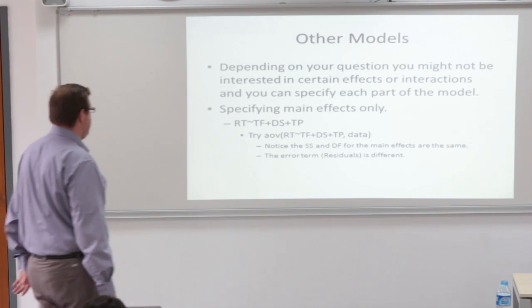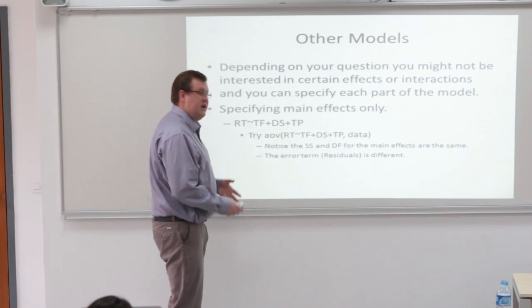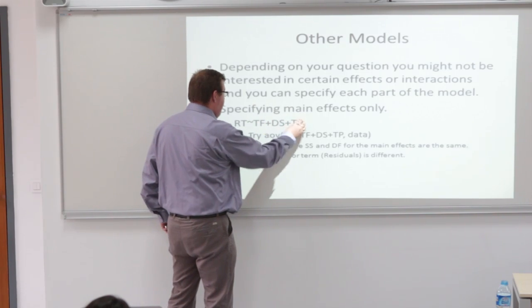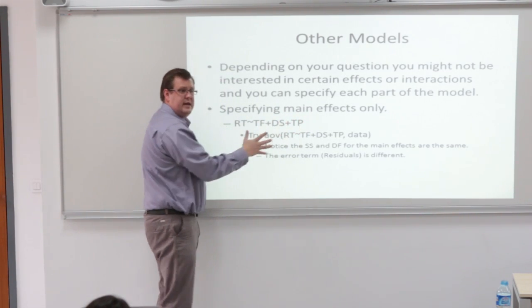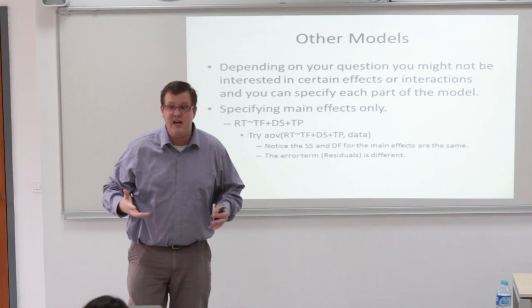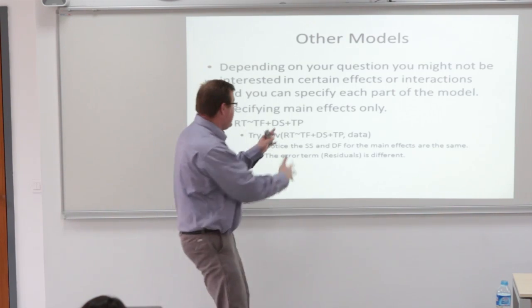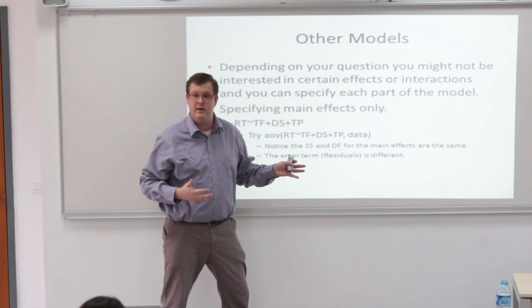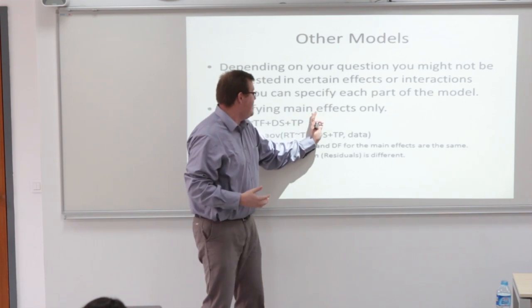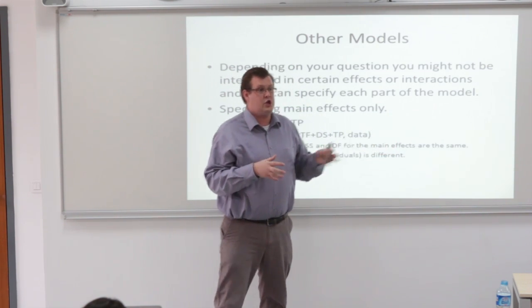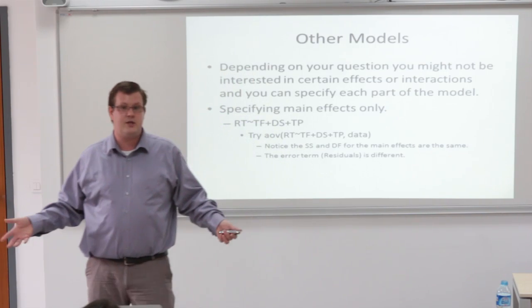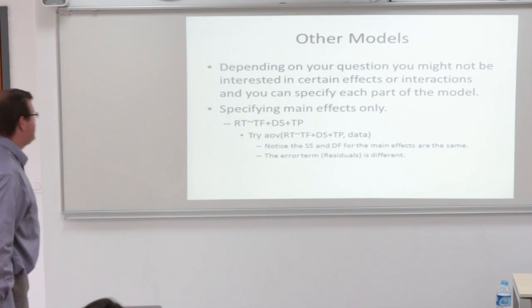Why? Well, because we're only making our prediction off of these. If we're only making our predictions off of these, we're not going to have as good of predictions as if we included the interactions. So if we are not including some other things that can allow us to predict, we should have more errors in our predictions. That's what the residuals are.